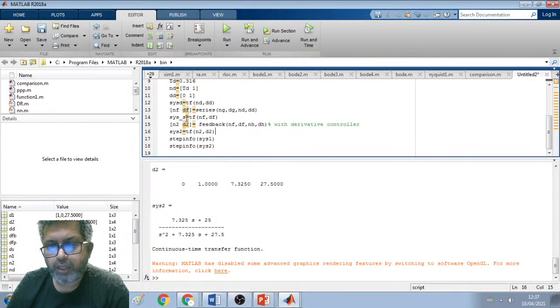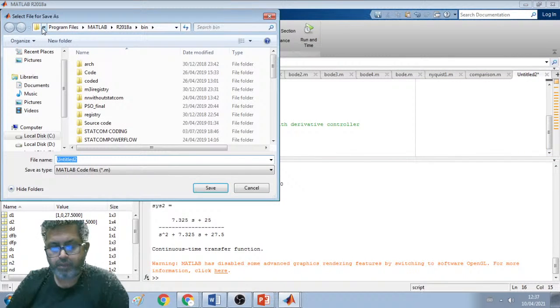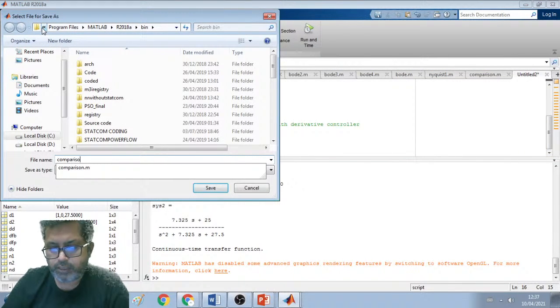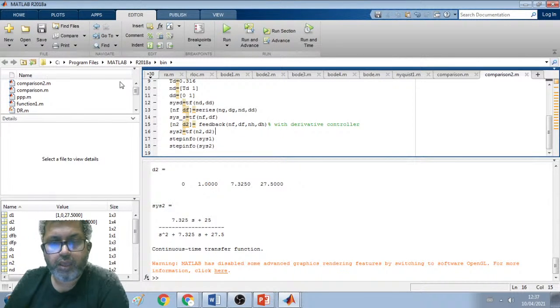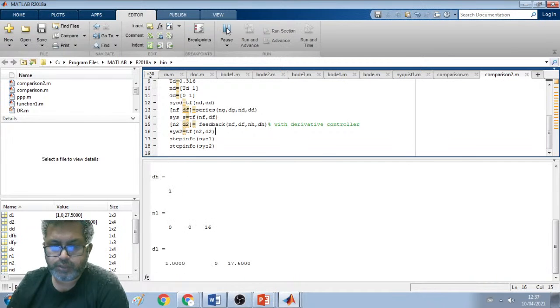So save this as Comparison 2. We are not saving in an academic folder, we are saving as it is.